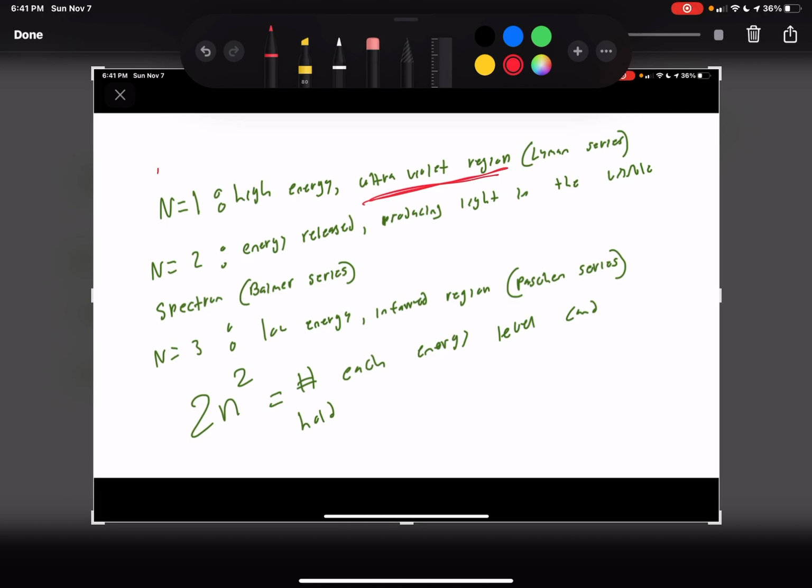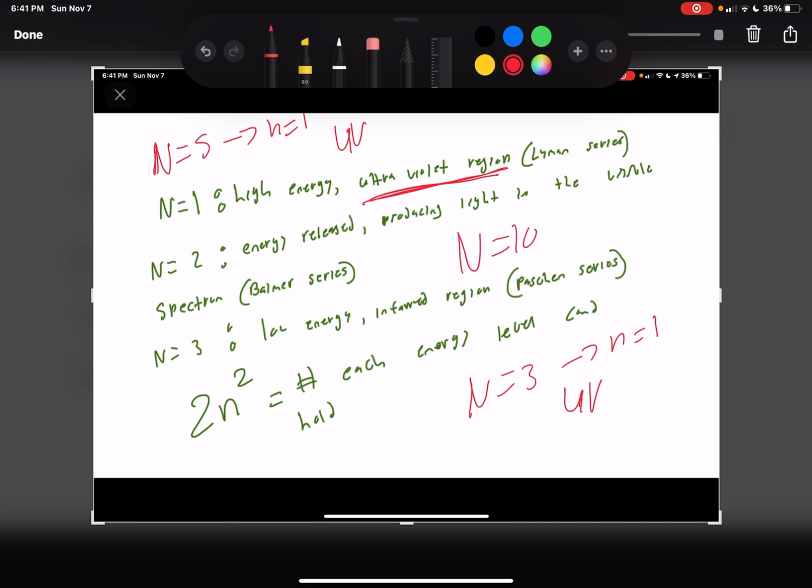So if you drop down from n equal 5 to n equal 1, you produced ultraviolet radiation. If you drop down from n equal 3 to n equal 1, that's emission in the ultraviolet region. If you drop down from n equal 10 to n equal 1, same thing, and so on.